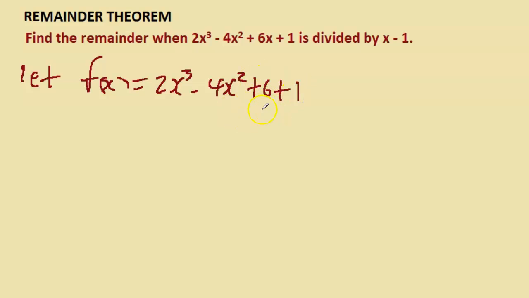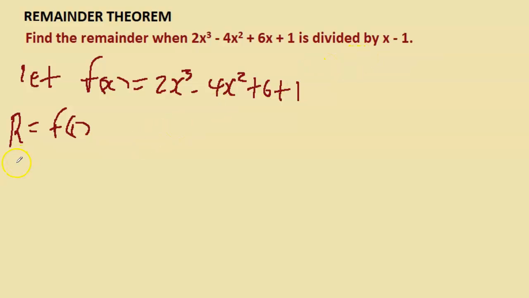So this would be our dividend. In other words, we're dividing this by x minus 1. Good? And the remainder theorem is straightforward. It just says f of 1. If this is like x minus a, my theorem says f of a equals r. So r would be equal to f of 1, or f of 1 equal to r, whichever one you want to put on either side.